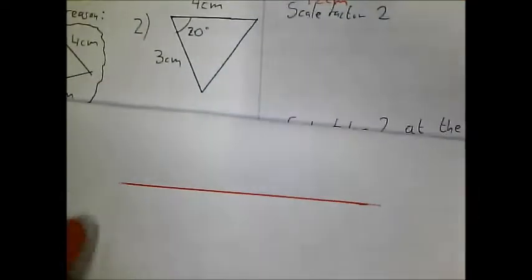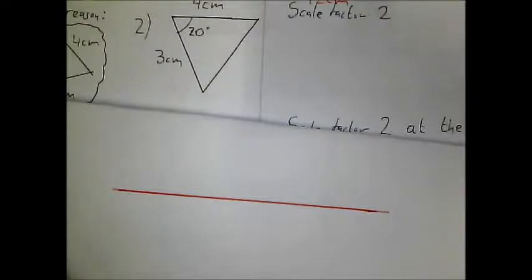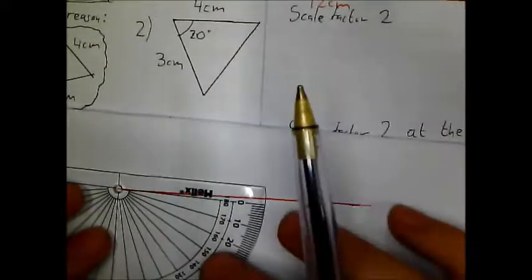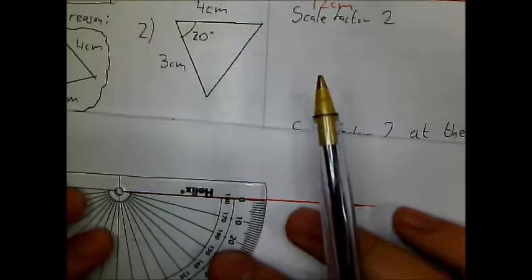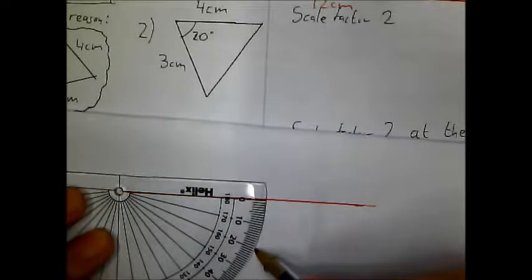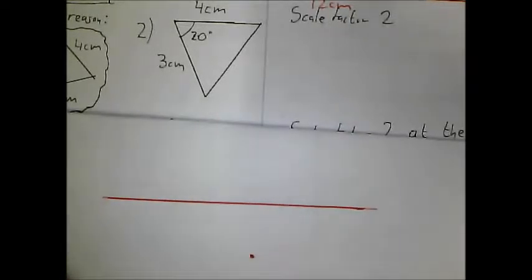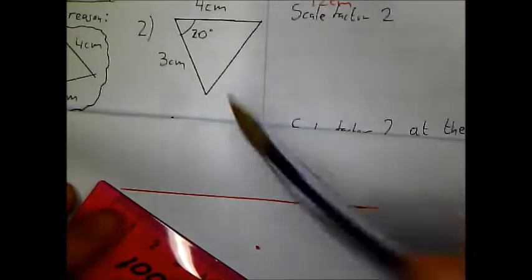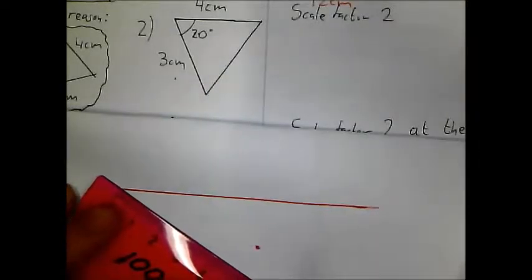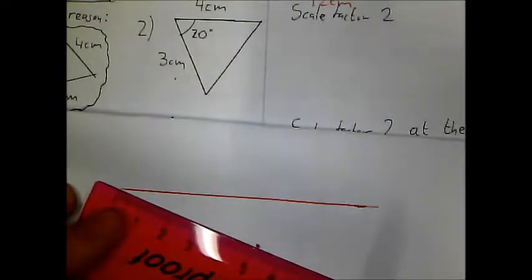I then want a 20 degree angle. Now this does not get enlarged. Remember, when you enlarge shapes, the angles do not get enlarged. They stay the same. So I measure my 20 degree angle, and I make my point, and then that wants to be 3 centimeters from that angle, but I need to multiply by the scale factor of 2, so that will be 6 centimeters through that angle.